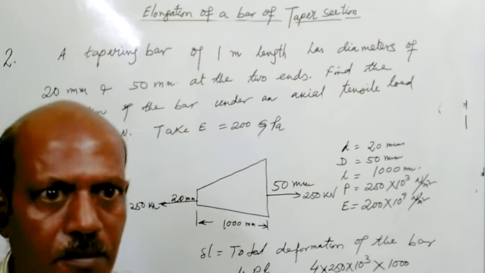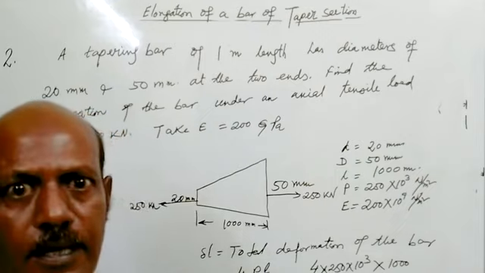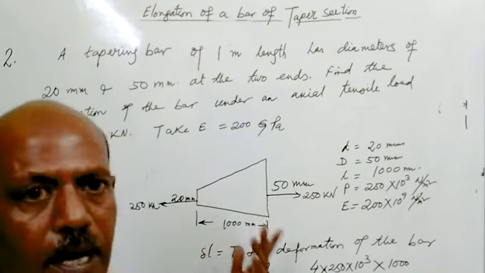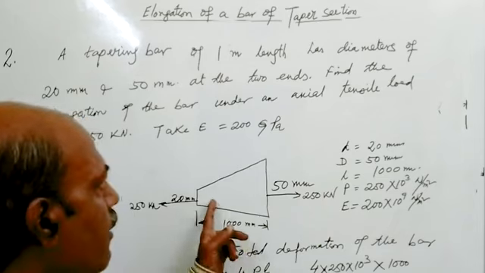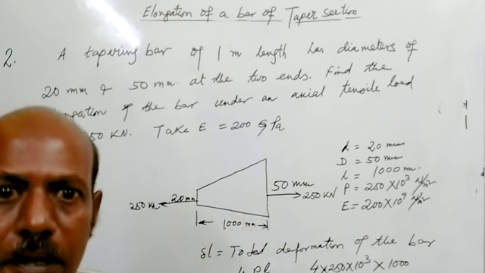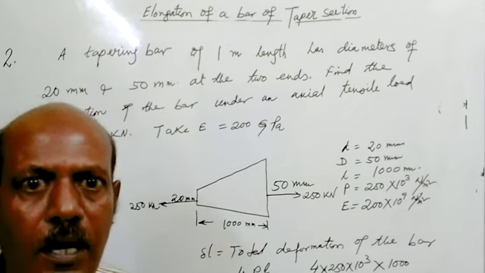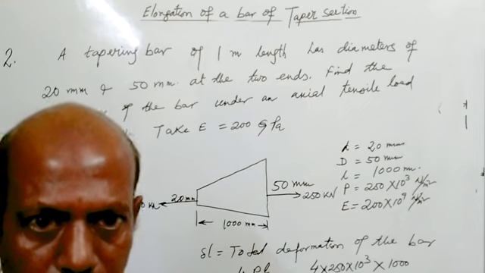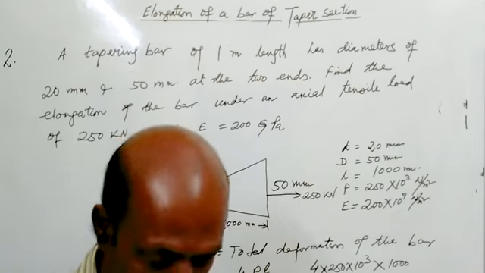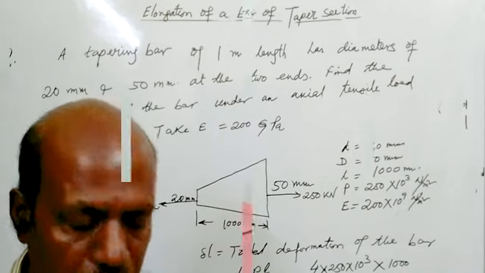It is the same as the deformation of a plain bar, that is delta L is equal to P into L by A into E. Same formula, but as the area at every point is different, the deformation produced at every point will be different, and if we add all the deformations, that will give the total deformation produced in the bar under this load P.